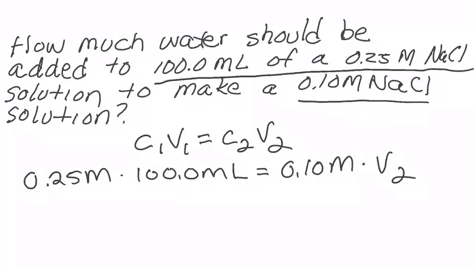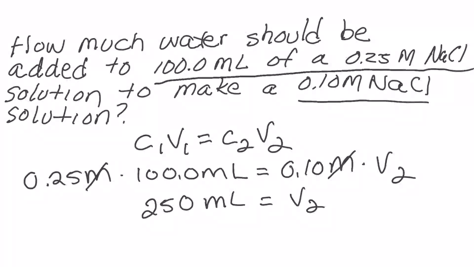To solve for that, I first have to know V2, and then I can plug it into V2 minus V1 and solve for how much water is added. But first I have to solve for the final volume. So I divide both sides by 0.10 molar, and the M's cancel out, so I get an answer in milliliters. 0.25 times 100.0 divided by 0.10 gives me an answer of 250 milliliters.